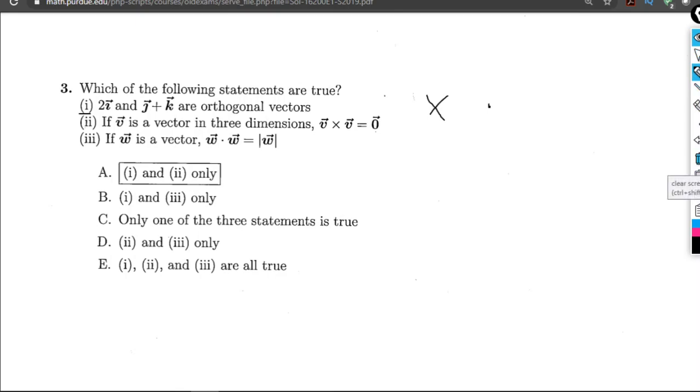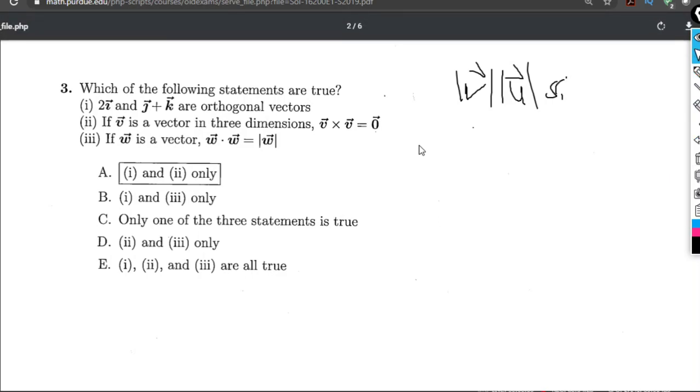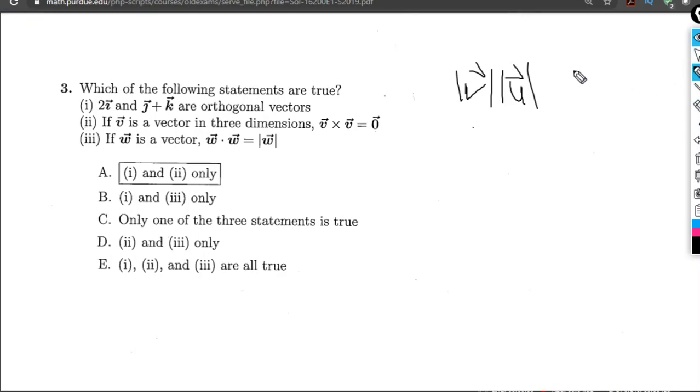I would recommend the cross product since the length of the cross product is the length times sine... oh wait, cosine, right? Yeah, I'm sorry, it should be cosine. Hold up. Right, actually it would be better to do the dot product.